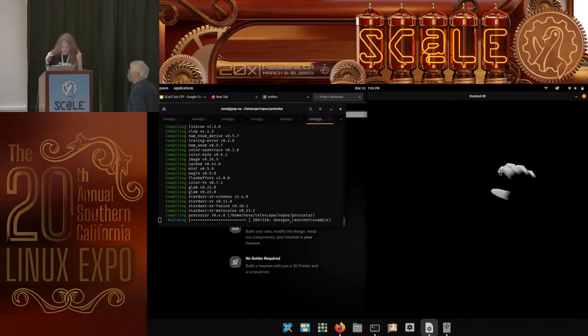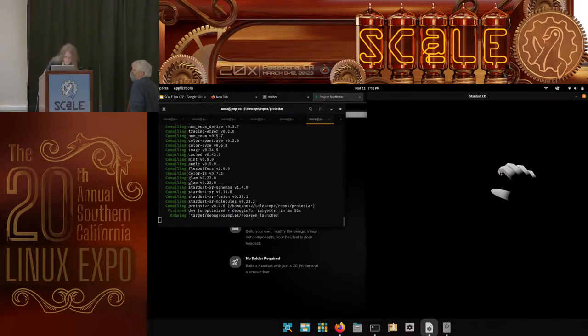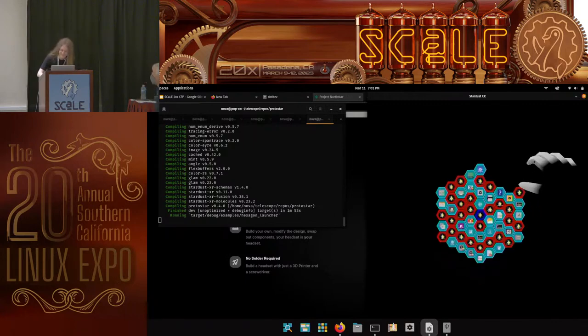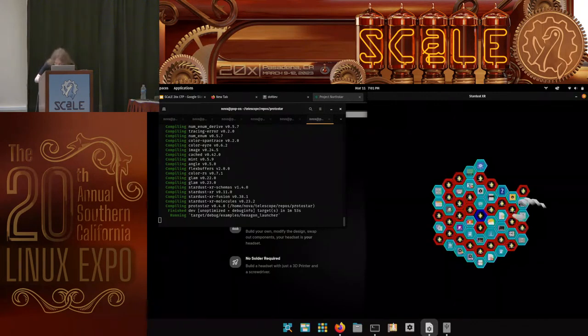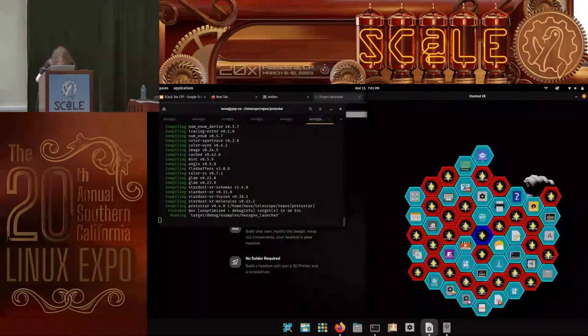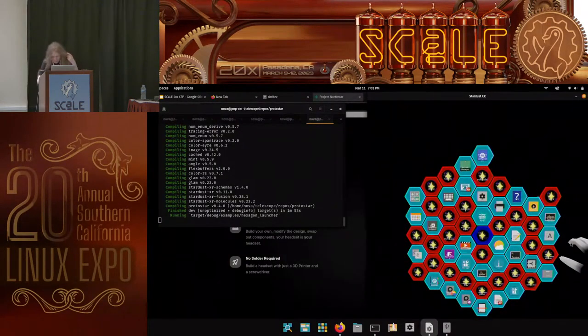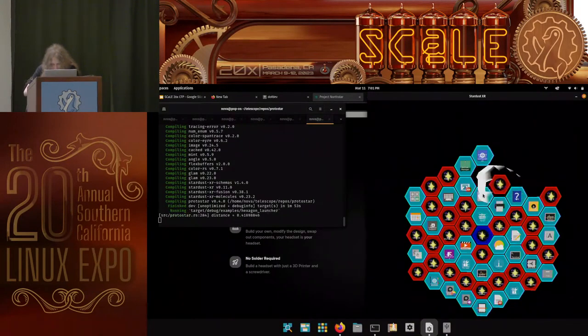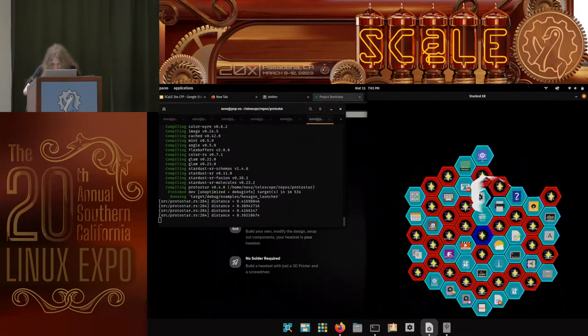Oh, hey, look at that. We might yet have the Hexagon app launcher. Hey, there we go. So we have a Hexagon app launcher here. And if I'm lucky, I should be able to launch something for you to prove that it works. A lot of the icons are broken because this is not the latest one, but I did not have time to get the latest one. Hang on.